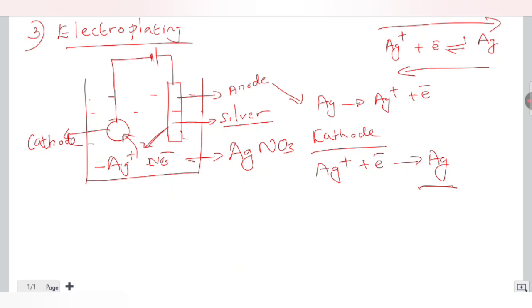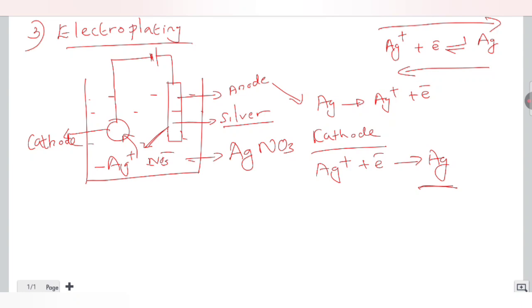So this is how basically electroplating works. If you are plating with any other substance, the same theory applies. That substance must be the anode, and the object that you want to plate must be the cathode. Now what are you plating with? If you are plating with nickel, anode must be nickel.